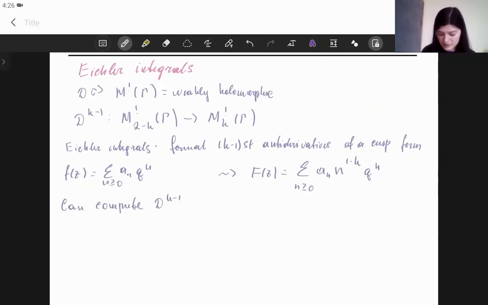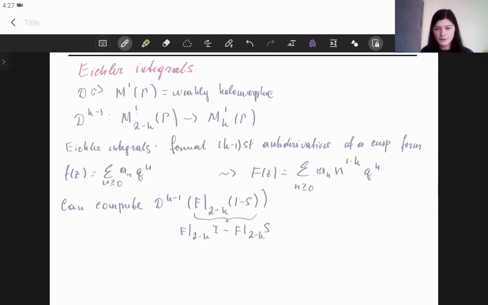So I'm going to write something that's not technically true, but okay, we apply D k-1 times to F, where we take the slash 2 minus k of 1 minus S. And what I really mean by this is not really we take the slash of 2 minus k of 1 minus S, but it's really we first take the slash with respect to the identity, and then we subtract the slash action with respect to S. Okay, I just want to condense a lot of my notation.